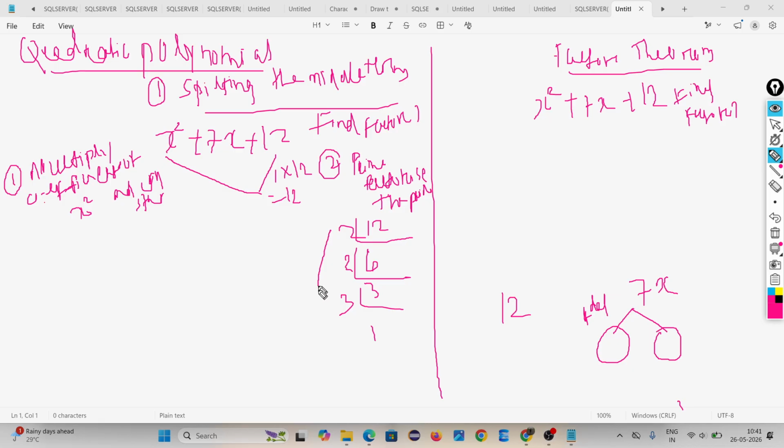This prime factorization gives you the idea how to rearrange these numbers to add to 7x and multiply to 12. So 4 and 3: 4 plus 3 is 7x, and 4 into 3 you know is 12.